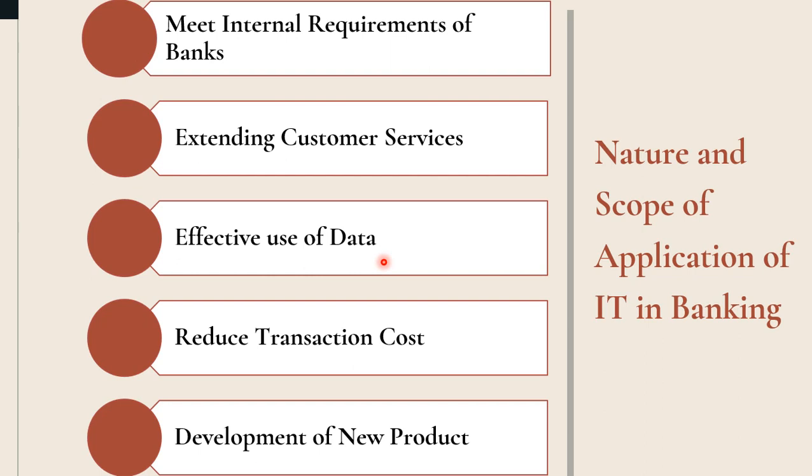Which type of data is required? How many customers are salarized? How many customers are minors who opened their accounts in the bank branches? What types of customers are there in our bank who opened their accounts? Whether they are salarized, whether they are minors, whether they are businessmen.